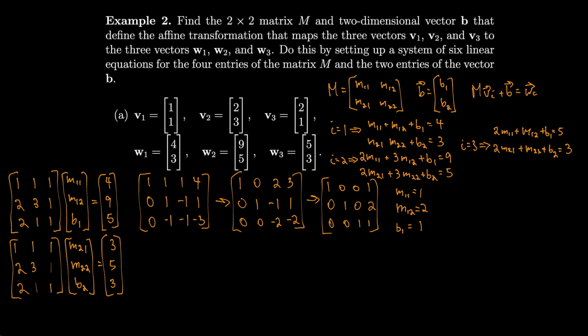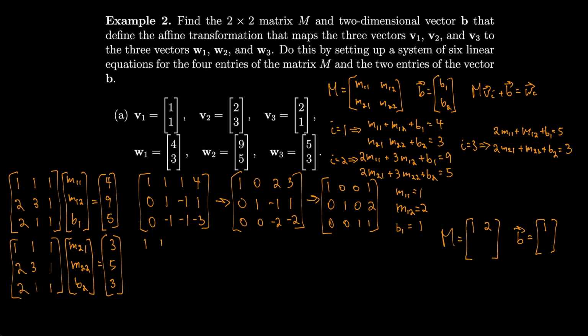So that means we can start writing our matrix M. We have 1, 2, and we don't know what the bottom two entries are yet, and we have B equal to 1 something. So let's reduce the second matrix now.